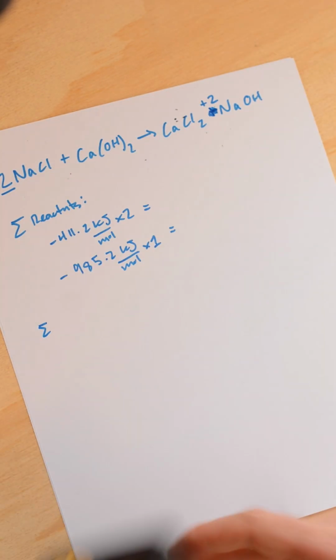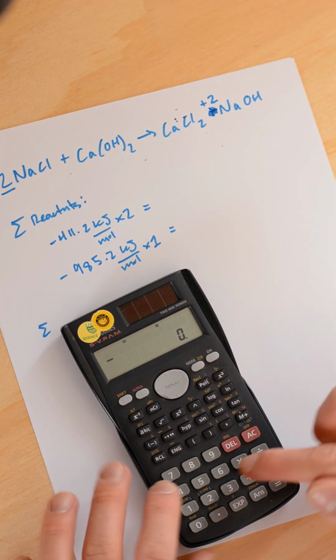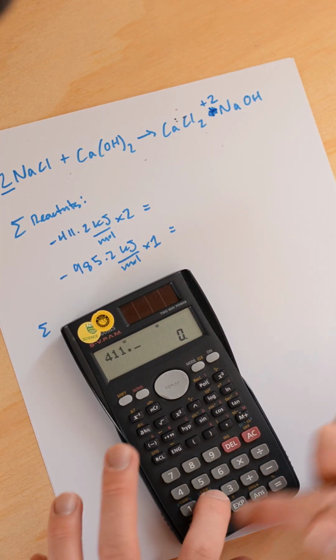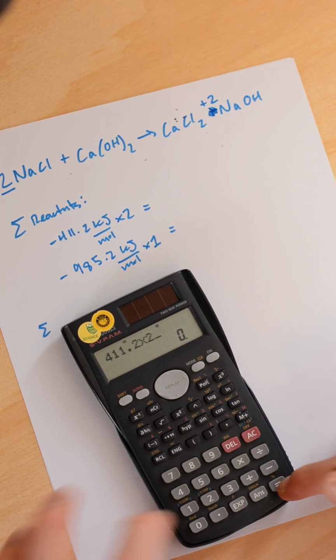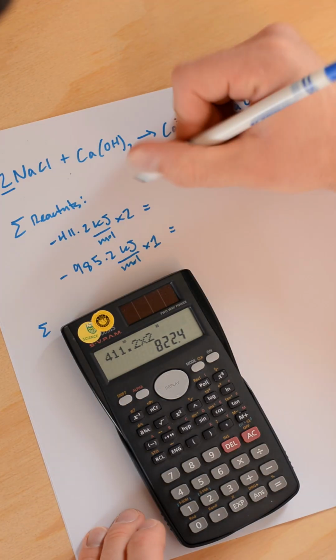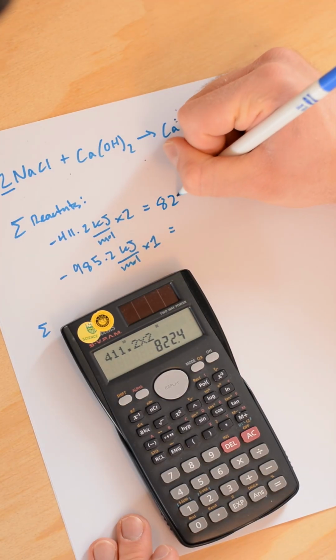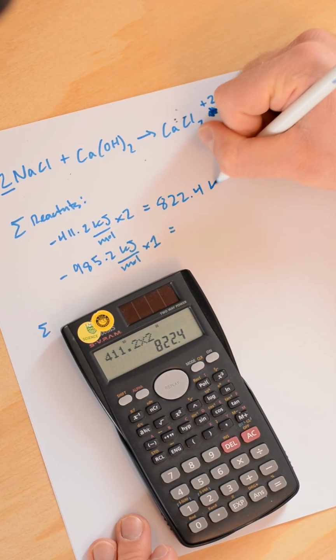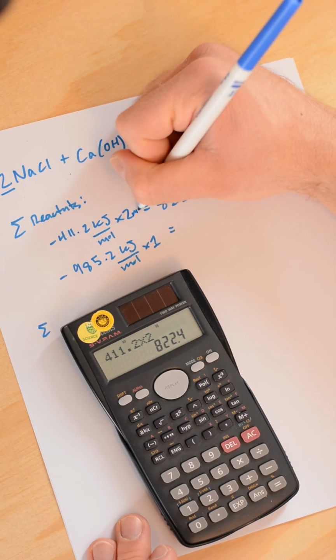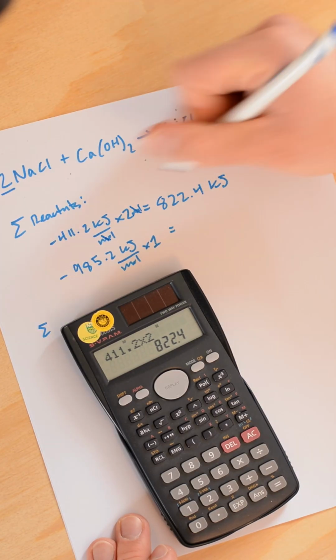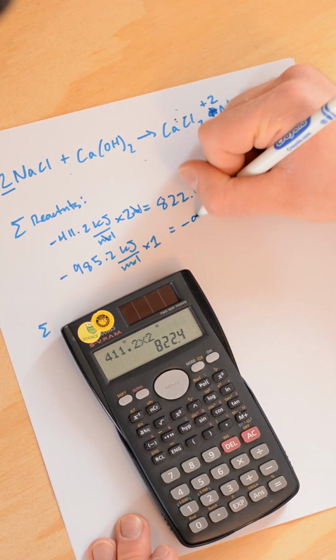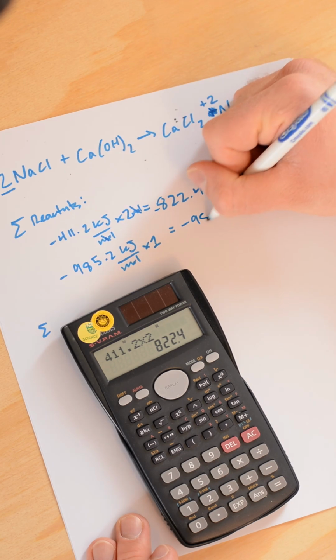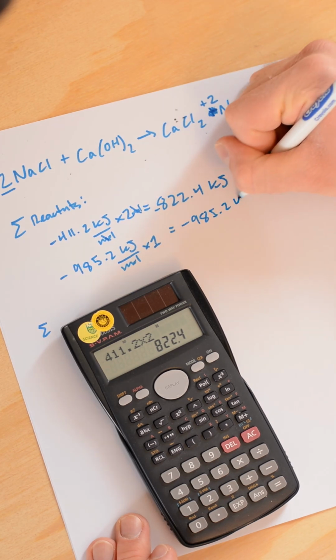Okay, take out our trusty calculator here. So 411.2 times 2 equals 822.4 kilojoules. This is times 2 moles, so our moles cancel, right? So we have kilojoules. And this guy times 1 is negative 985.2 kilojoules.